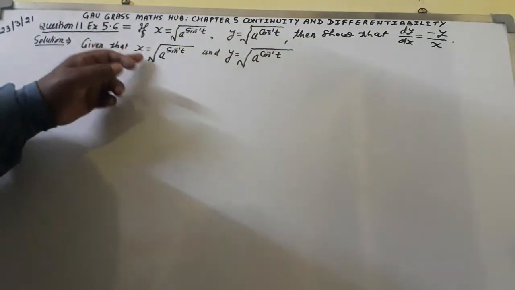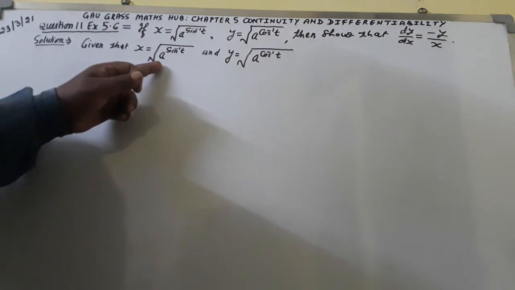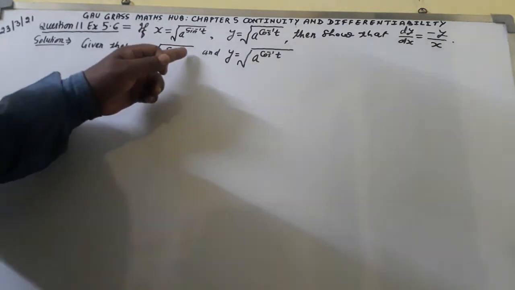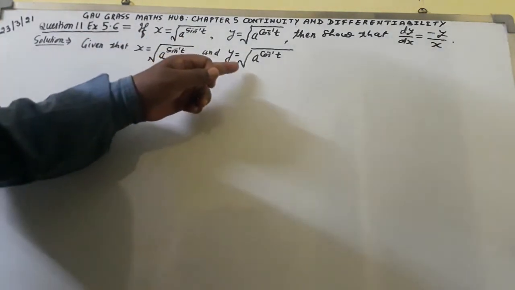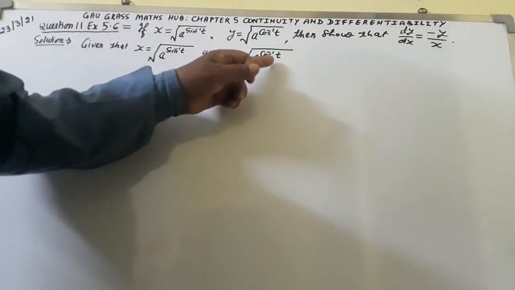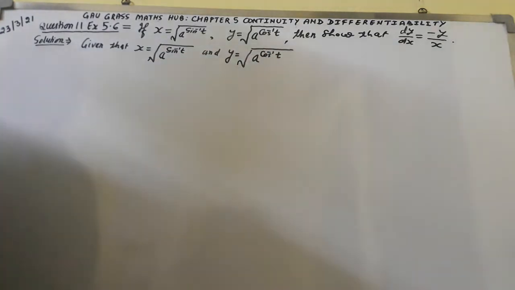Given that x equal to under root a raised to the power sin inverse t and y equal to under root a raised to the power cos inverse t.